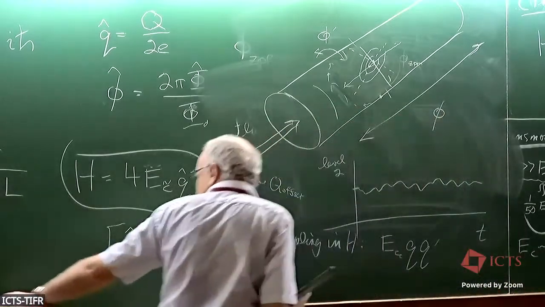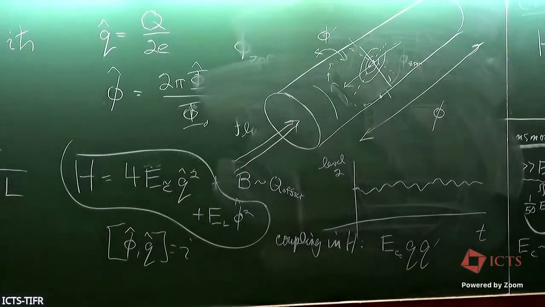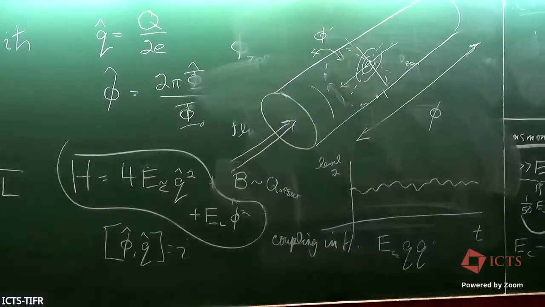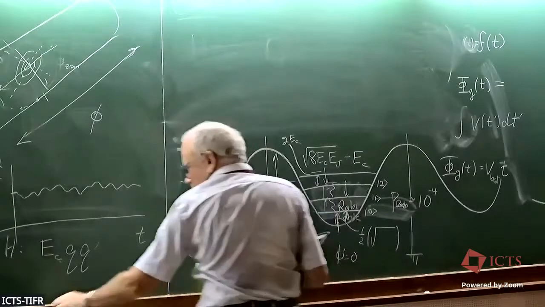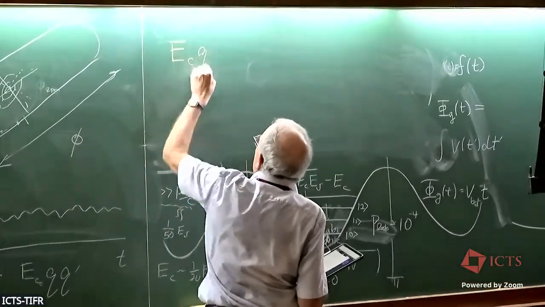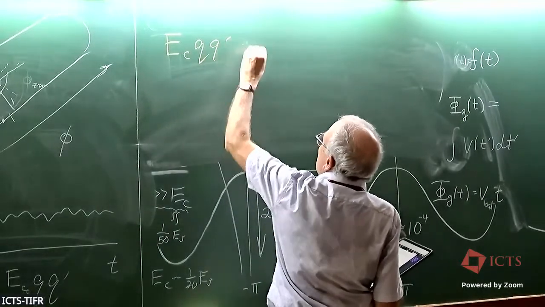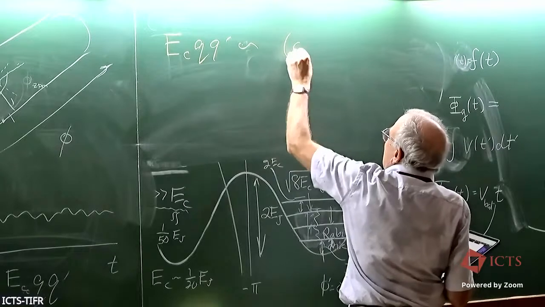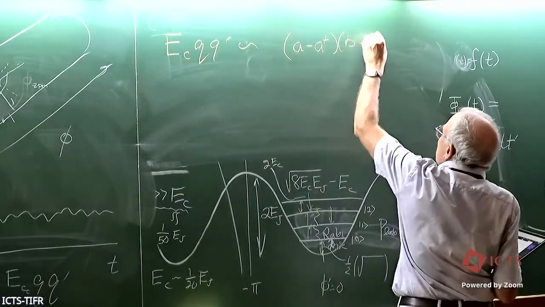let me now make a lot of space for myself. So, remembering everything that is being erased, the further steps are not that complex. You have E sub C Q Q prime, but for that you replace, I'm not going to get all constants right, but it's A minus A dagger times B minus B dagger.